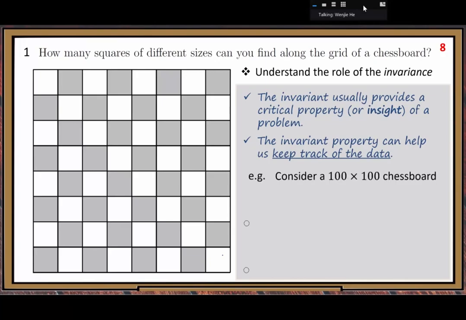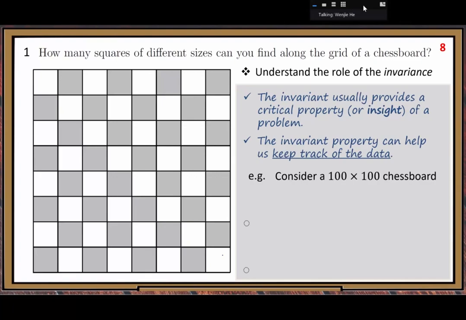Let me give you one example here, so you can see how to keep track of the data by this invariant concept. Consider a 100 by 100 chessboard. So let us generalize our chessboard. A very big one, 100 by 100. You can only imagine it.